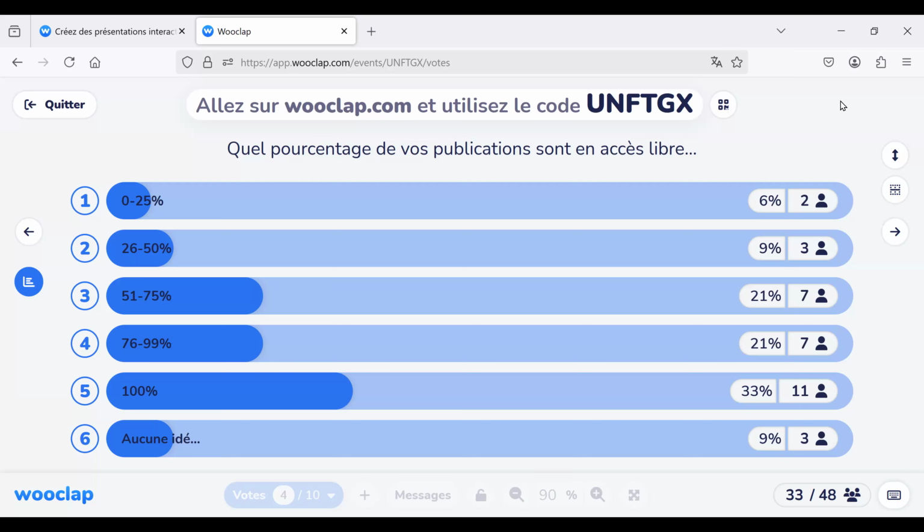So I think we are in the good range compared to what is expected. So we will be here in 2030. Good. Continue your efforts. We are going in a good direction.